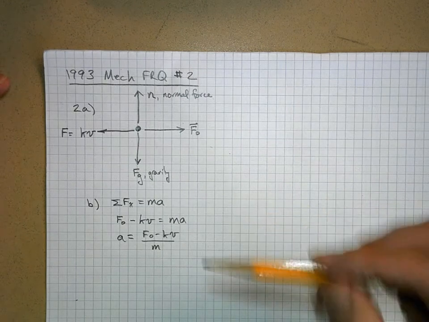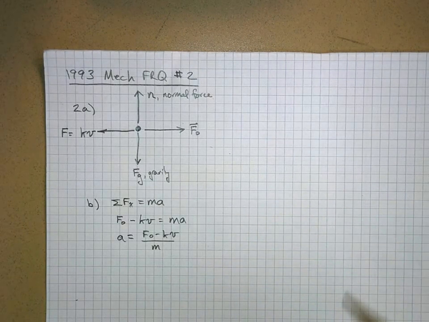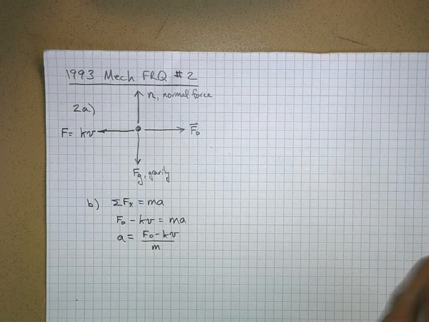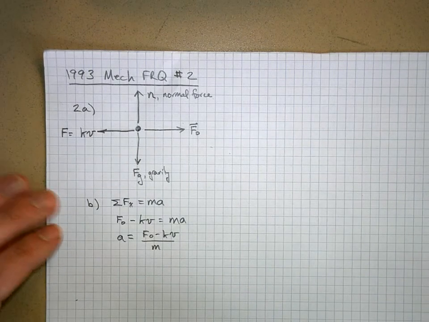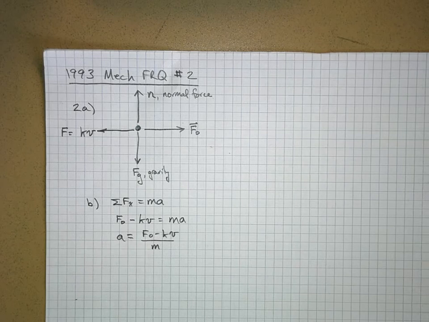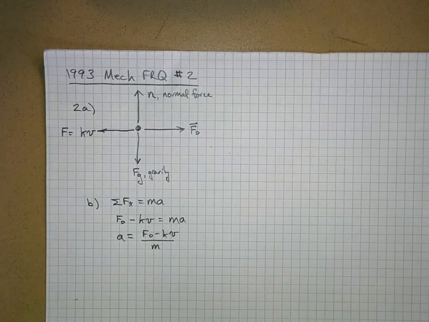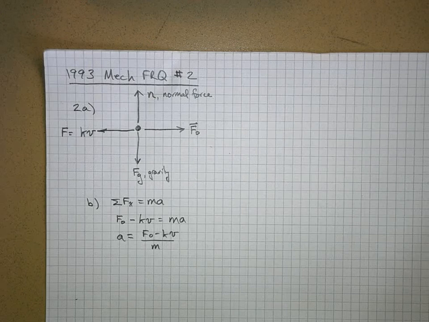So if you're missing this, what that means is that you really need to go back and study that fundamental stuff of chapter 5. Okay. Now we're going to get to some stuff that's a little bit more sophisticated. Part C. Derive the equation expressing the velocity of the car as a function of time, t, in terms of K, F naught, and M.